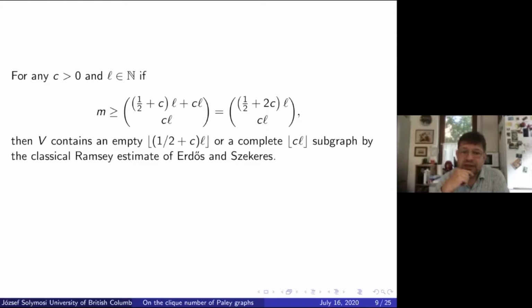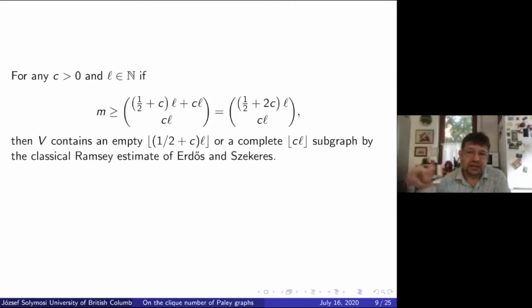So if you have, now there's C and L, I will specify them in a minute, but formally, if you have this binary form and this inequality, then you know that M, which is now this big V, the number of vertices, V1, V2, ..., Vm.